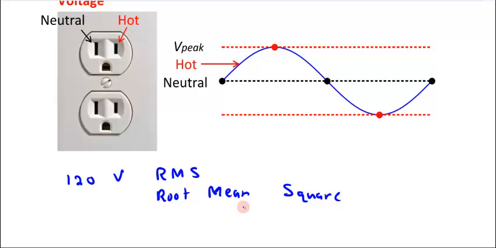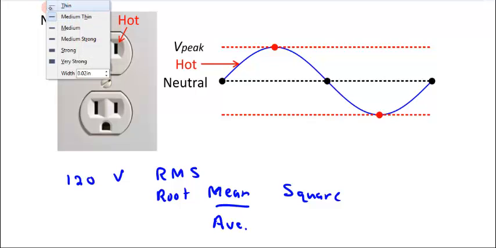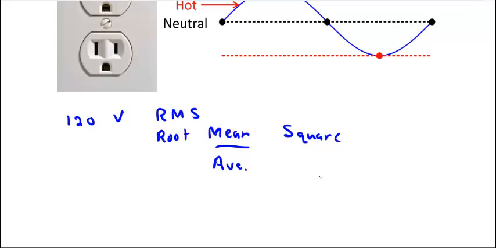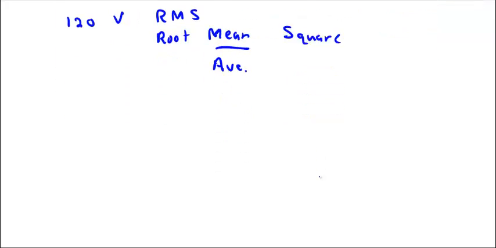Now, mean is just average. That's just another way to talk about the mean. What we mean by the word mean is average. And we'll talk about why with the root and the square in just a second.